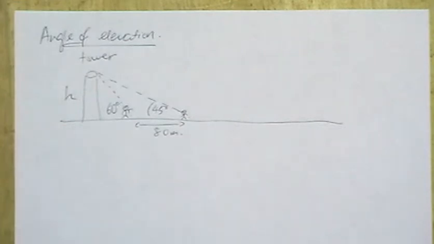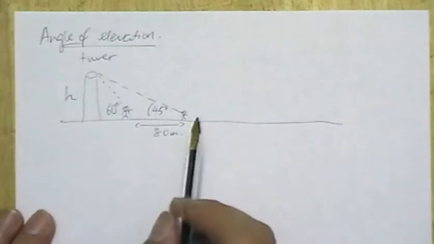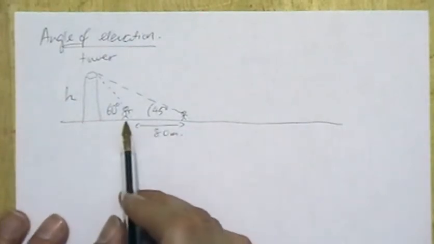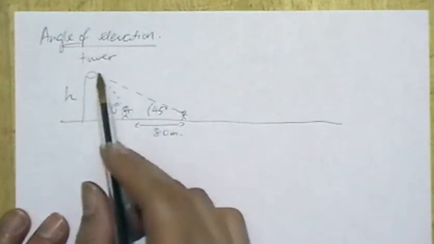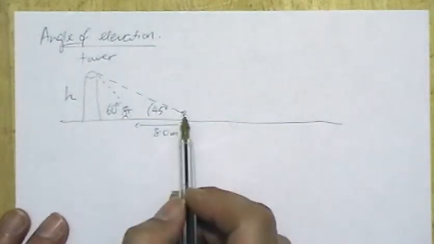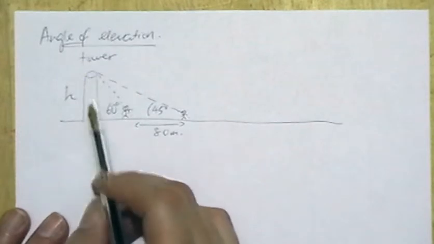So we are going to simplify things a bit by thinking that the person is a lot shorter than the tower.